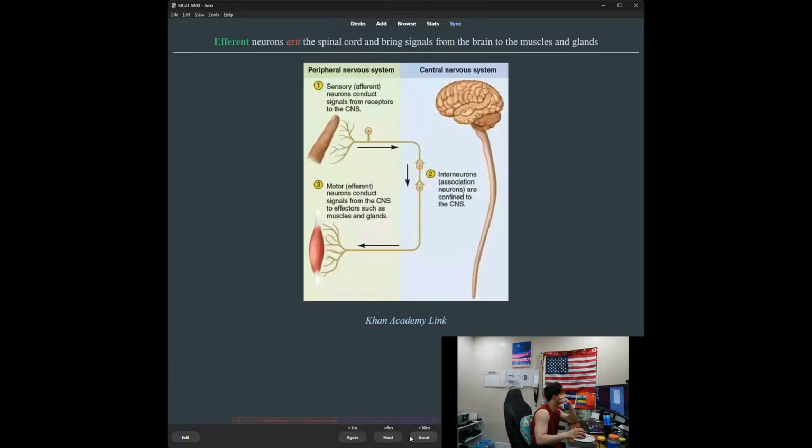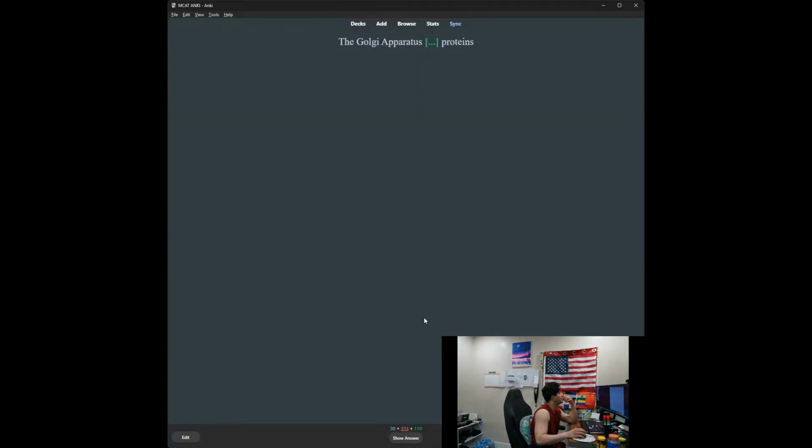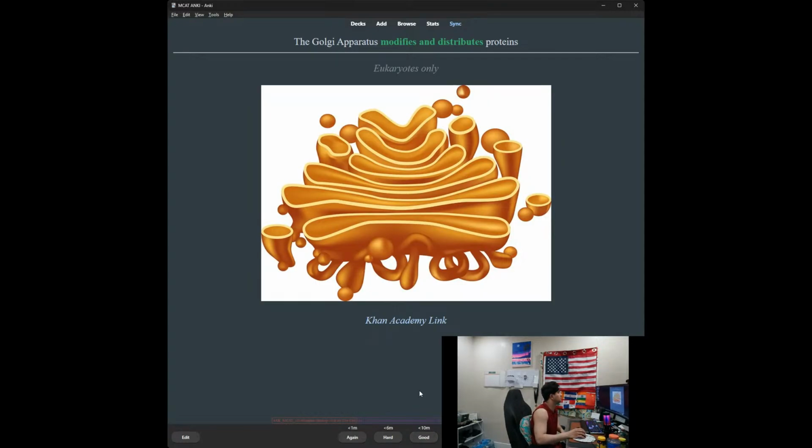Preference. Transports proteins. Modifies and distributes proteins in the trans.